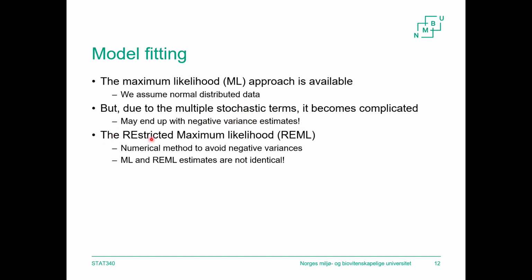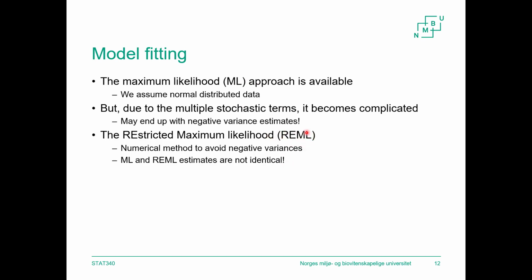There is a different approach called the restricted maximum likelihood, shortened REML. And this is the default way of fitting mixed models. It avoids these negative variances, but it doesn't produce the same result as maximum likelihood. In normal cases, this is fine.